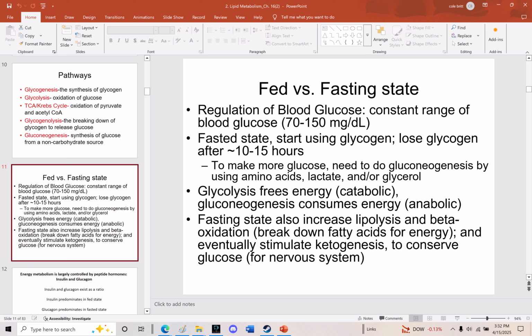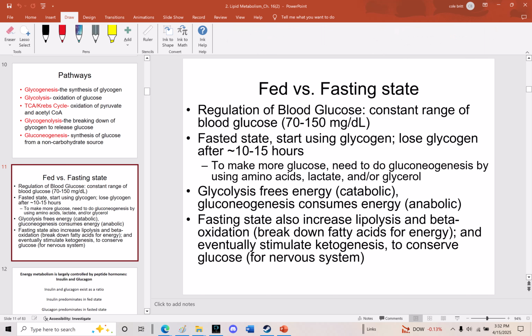Remember, the glycerol is just a 3-carbon molecule. So remember, here's your triglyceride. You got 3 carbons here, and there's 3 fatty acids attached to this glycerol backbone. So with lipolysis, you're just taking off fatty acids from this glycerol group.